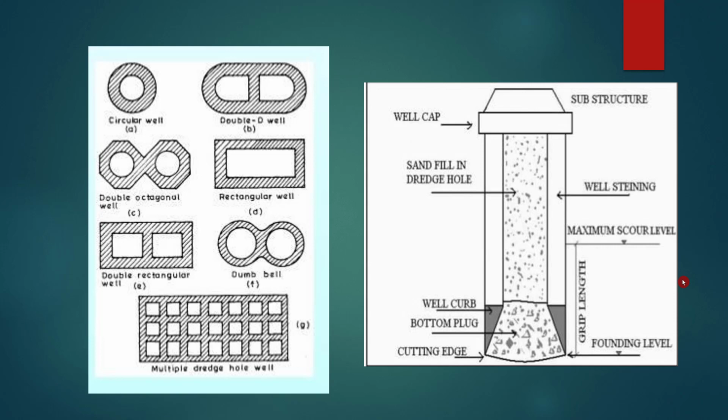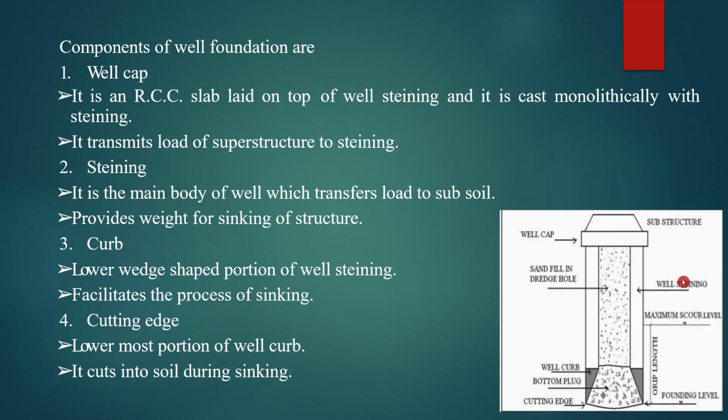We can fill the inner part with sand fill, and the outer part is called the well steining. There should also be some grip length, that means the length of the well foundation that goes into the ground level. These are the explained components of a well foundation.